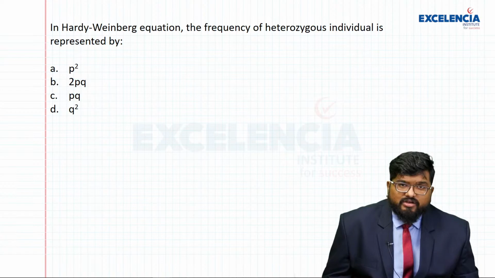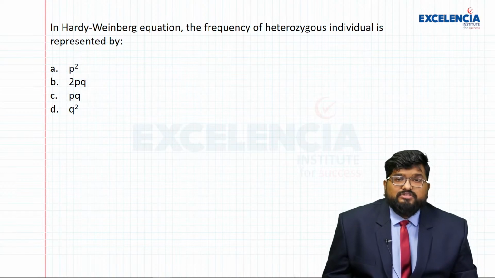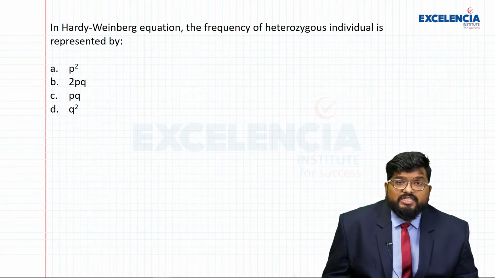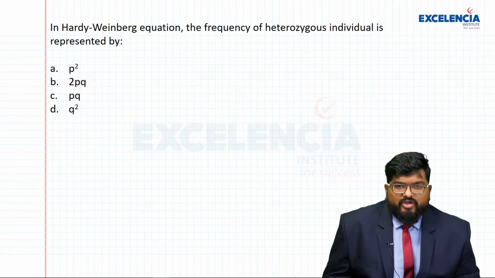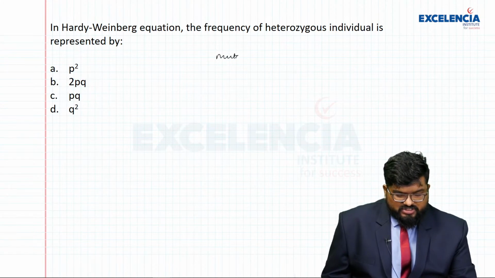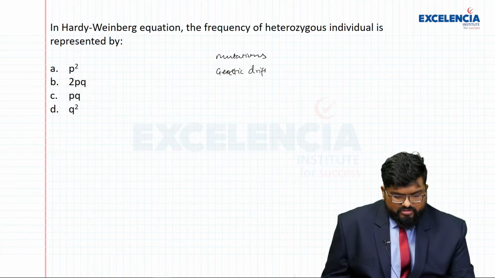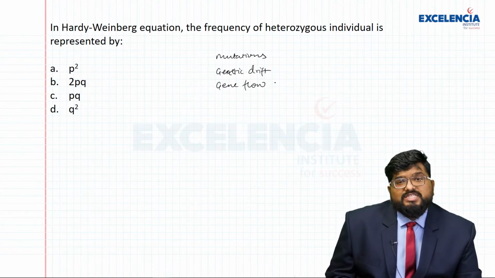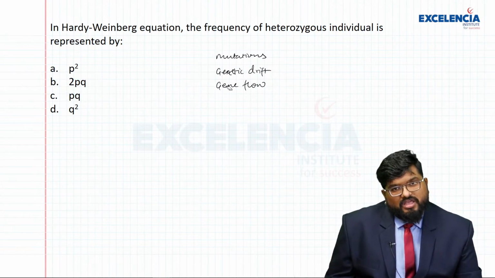So it is dependent on the assumption that the frequency of alleles remains constant. It does not change at all. So the reasons like mutations, genetic drift, gene flow, all these affect the Hardy-Weinberg equilibrium.